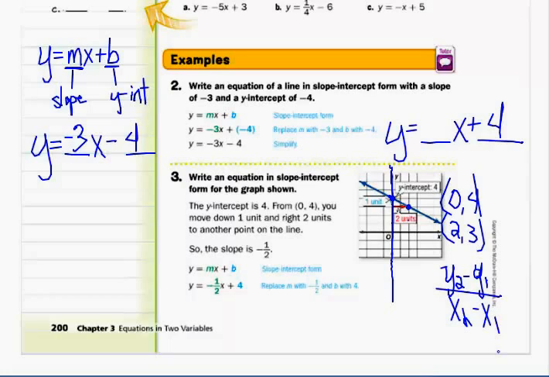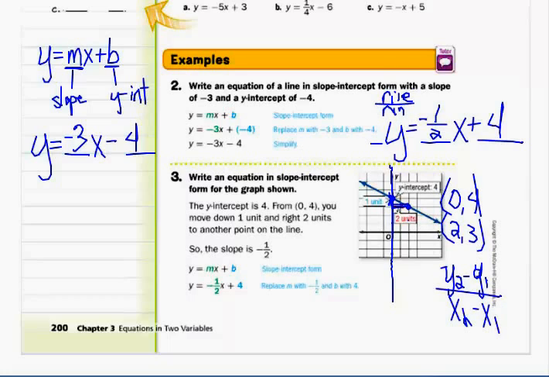Or I could simply count. You know the line is going down, so my slope is going to be negative. Negative what? It goes down 1 over 2. Remember, rise over run, so it would fall down 1 over 2.